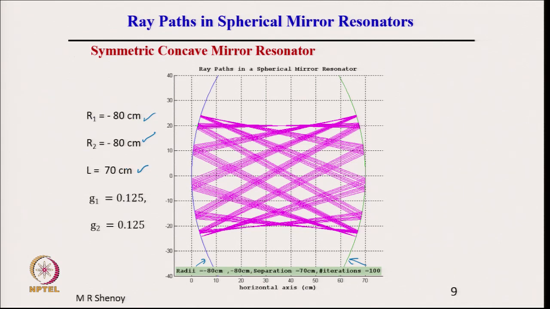So, the moment the resonator is given, you can calculate G1. G1 comes out to be 0.125, it is symmetric, therefore G2 is also 0.125, and therefore, we know the stability condition 0 less than or equal to G1 G2 less than or equal to 1 is satisfied. So, it is a stable resonator.